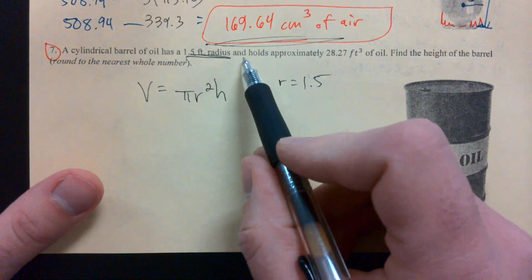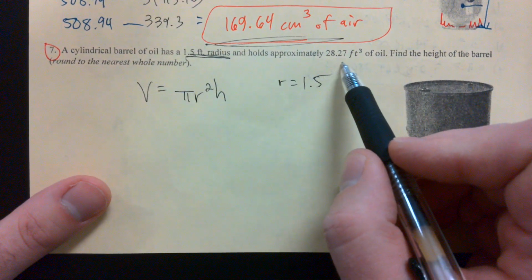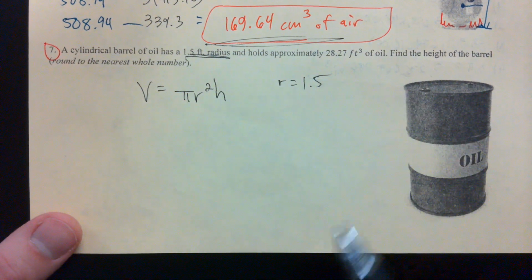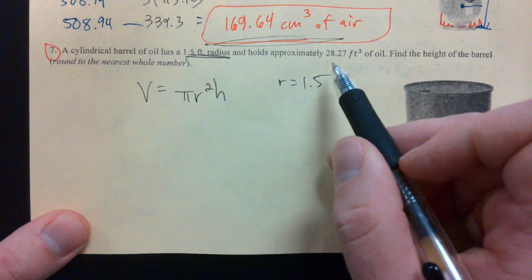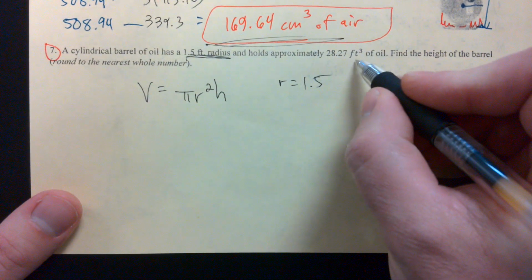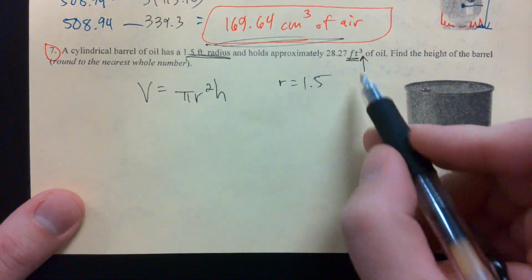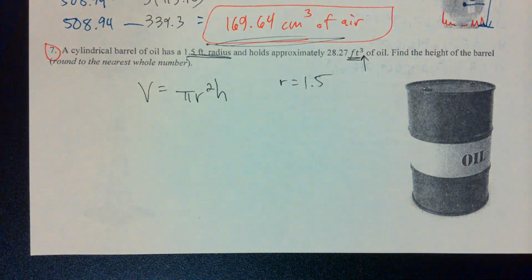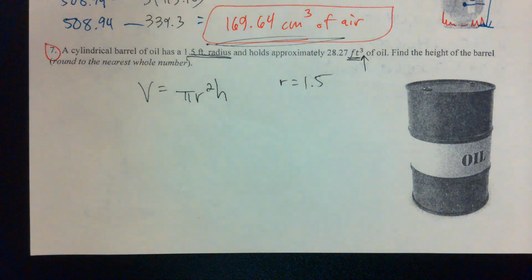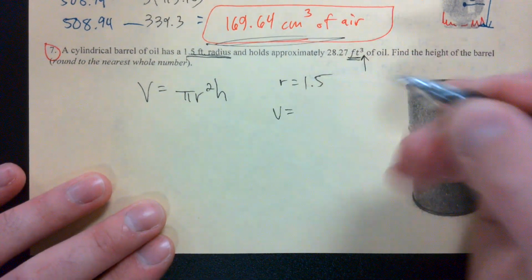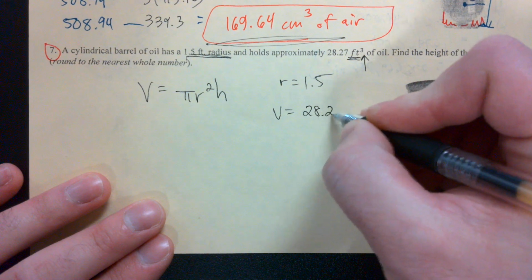And this barrel holds approximately 28.27 cubic feet of oil. Now, where I saw a lot of people make a mistake on Friday was they put this number as their height. But height is never measured in cubic feet. What quantity do we know always is measured in cubic units? The volume, right? So my volume is 28.27.